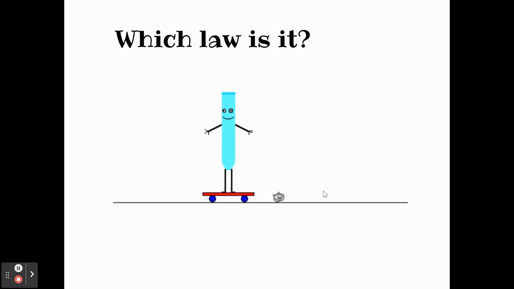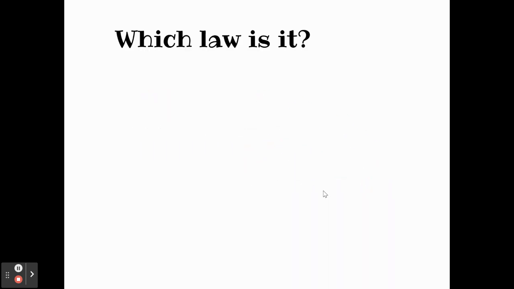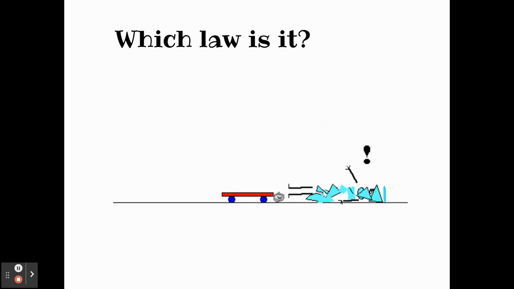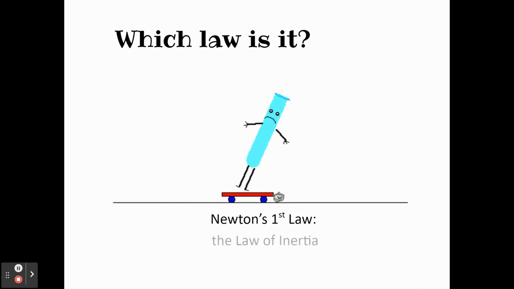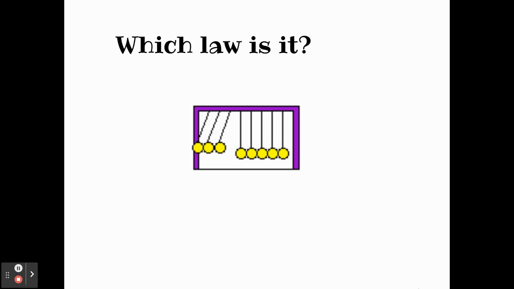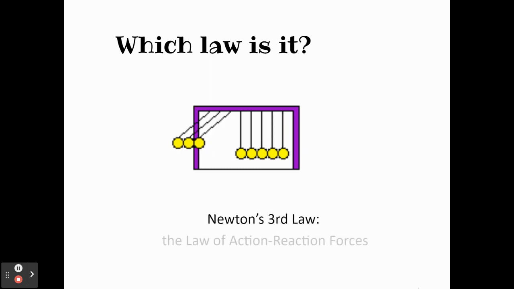All right, so what law is this? If you said first law, you're correct. And there's only 3 laws to begin with, so your odds of getting it are pretty good. This is our law of inertia. What law is this? We have an action and reaction. That's Newton's third law.